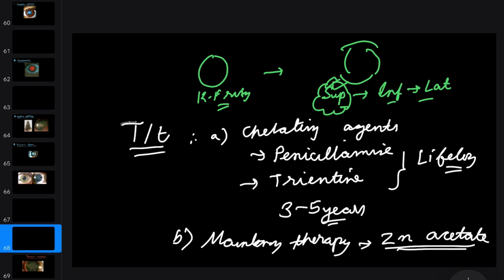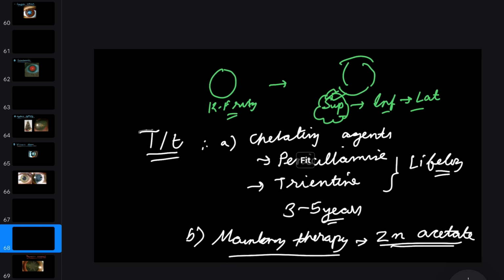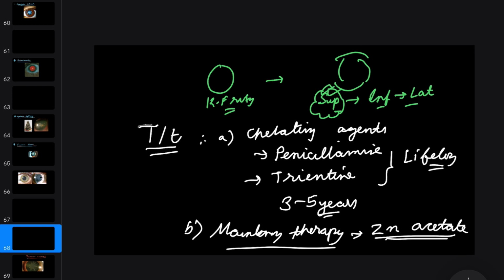So you not only have a responsibility towards the copper that is already present in your body, which you remove by chelating agents, but you also have to prevent excess copper being absorbed. So for that, maintenance therapy needs to be given with zinc acetate, which will stop the absorption of copper overall. Done. So basically, that is all about Wilson's disease.